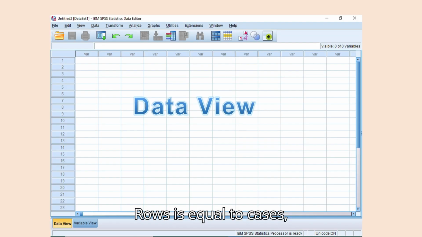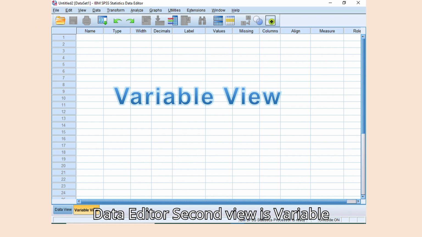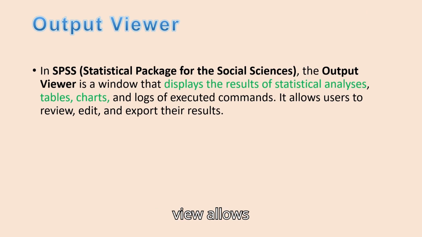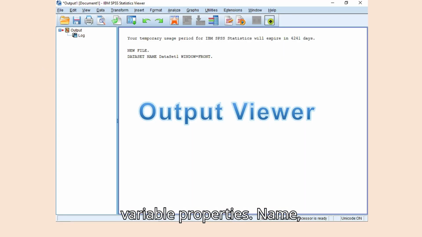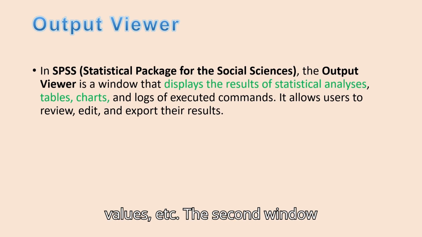Rows equal cases or participants, and columns equal variables. The data editor's second view is variable view. Variable view allows users to define and modify variable properties: name, type, labels, values, missing values, etc.